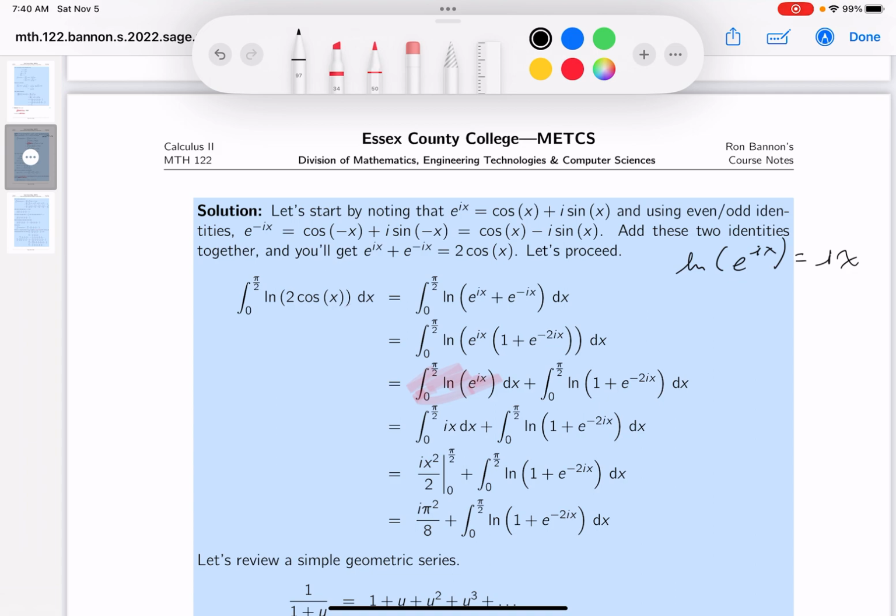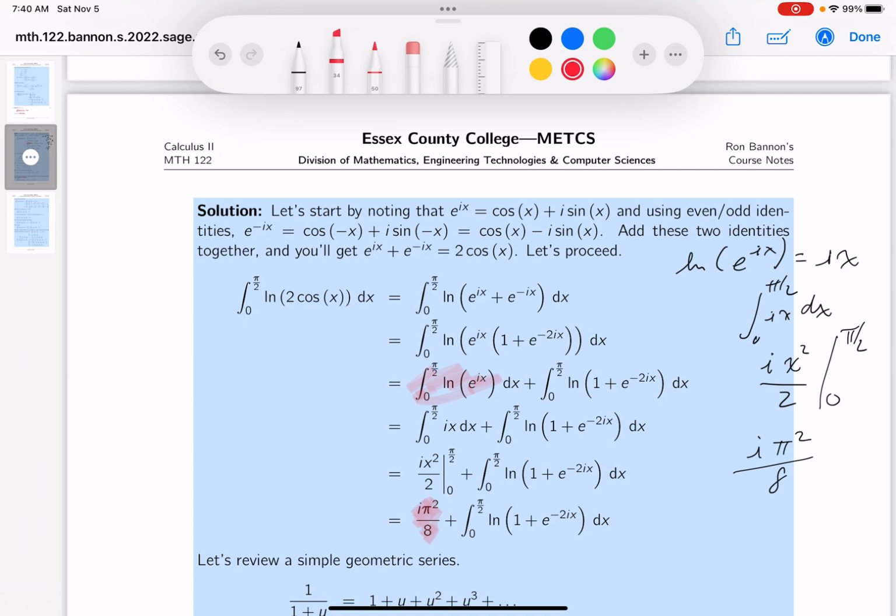Integrating that is pretty simple: that's i times x squared over 2, with limits of integration from 0 to pi over 2. What would you get there? You get i pi squared over 4 times 2, and 4 times 2 is 8. So you get something pretty simple, this over here.